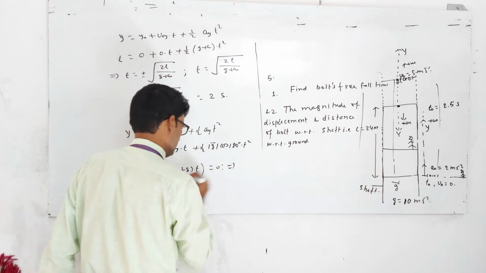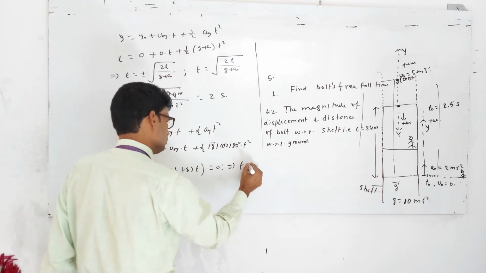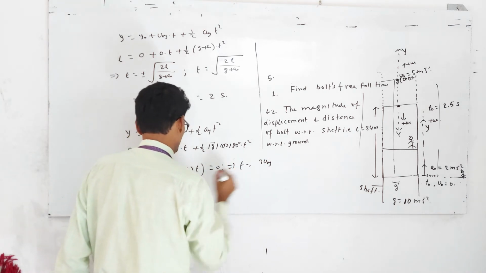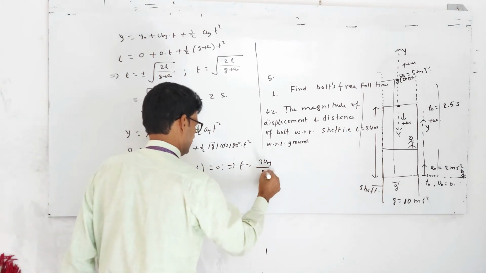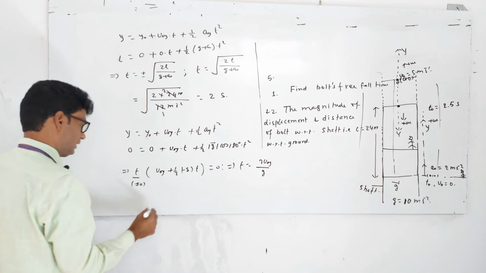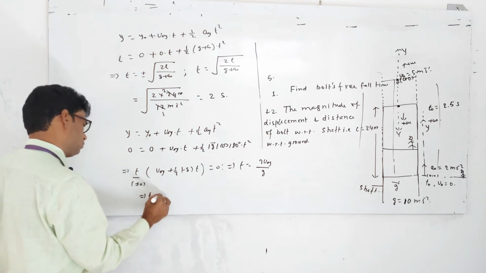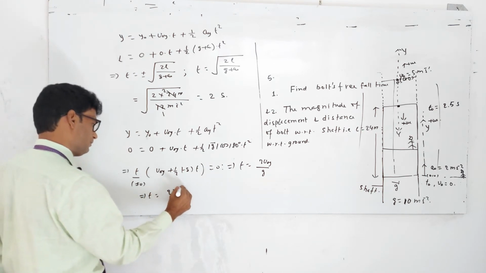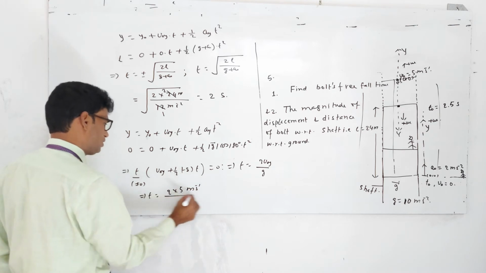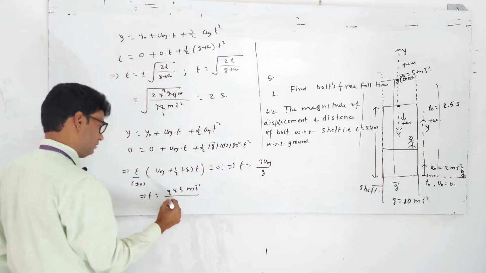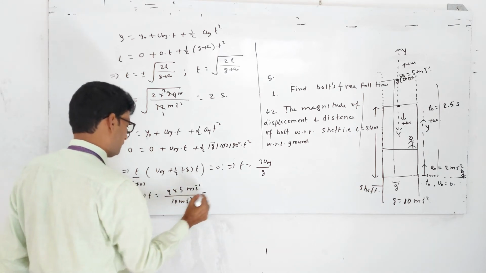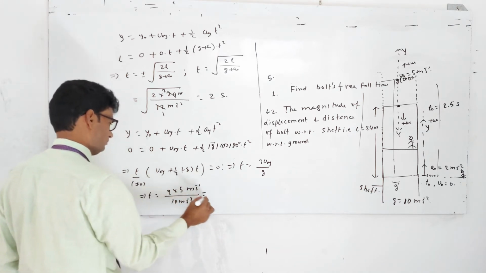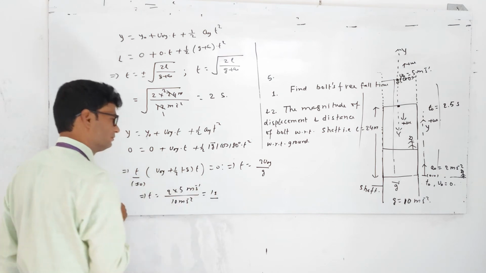Then this implies that t is equal to twice v naught y over g. So calculate it here: t is equal to twice v naught, which is 5 meter per second, and g is already taken, 10 meter per second square. So it came out to be 1 second.